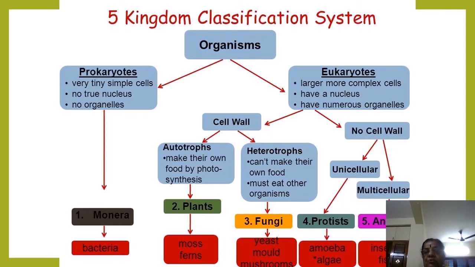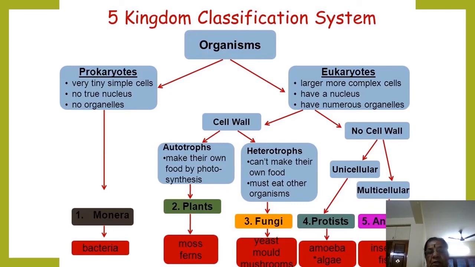Whereas eukaryotes are large, more complex cells. They have a true nucleus and numerous organelles are present. What organelles did I mention? Mitochondria, Golgi body, ribosome, lysosome, endoplasmic reticulum and plastids. Eukaryotes are further classified as organisms with cell wall and without cell wall.